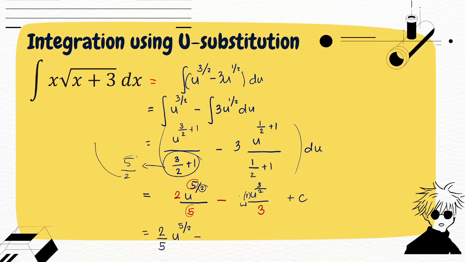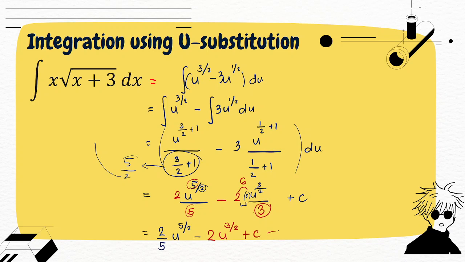Denominator, siya yung nasa taas. So, 2 times 3, 6. 6 divided by 3, 2 na lang. So, 2 times U raised to 3 over 2.